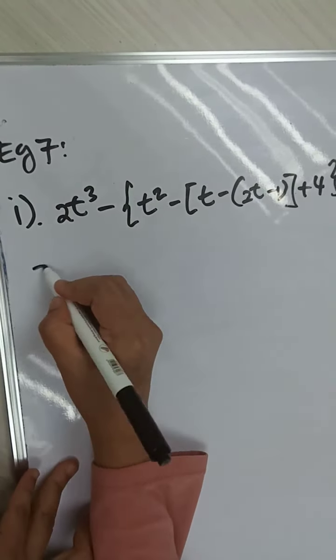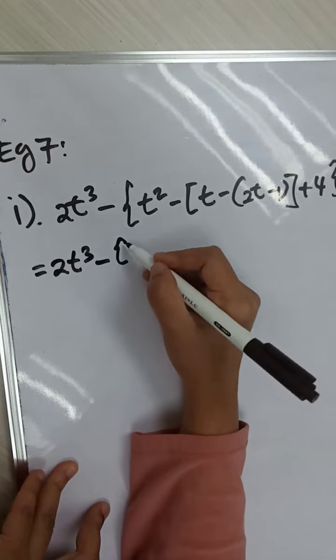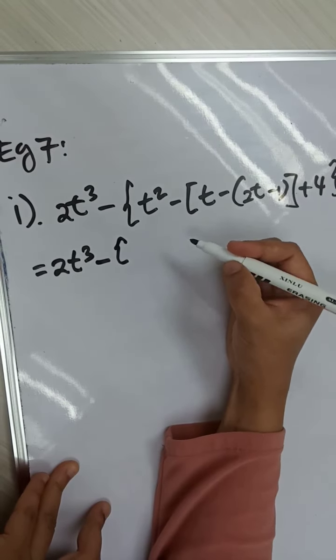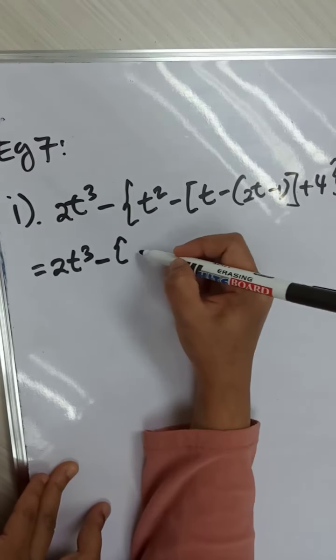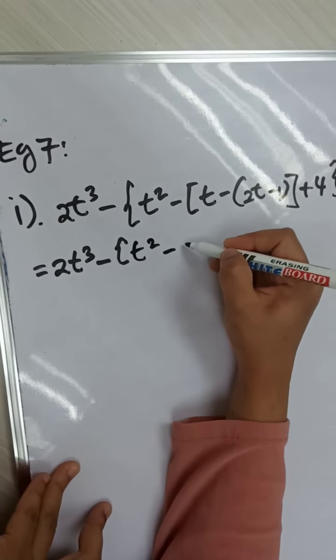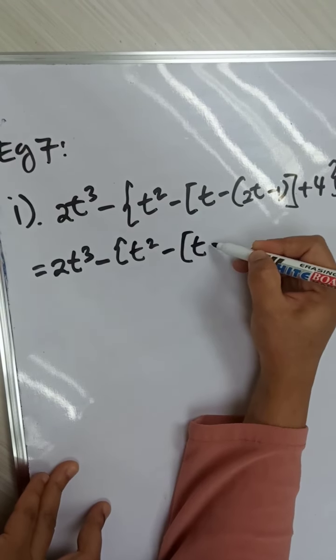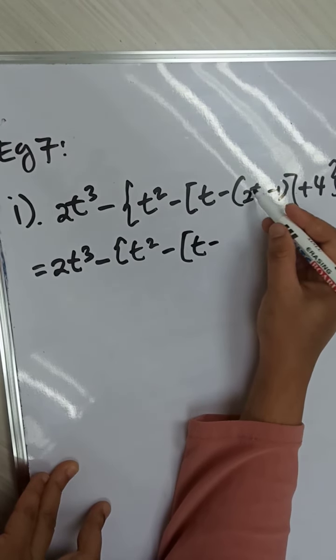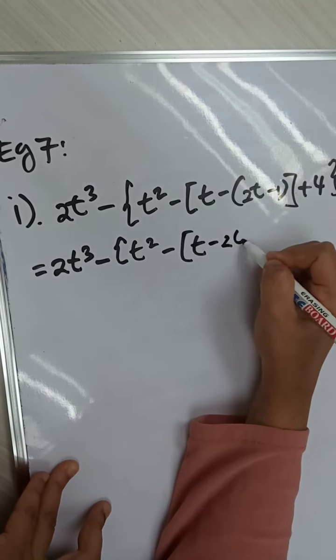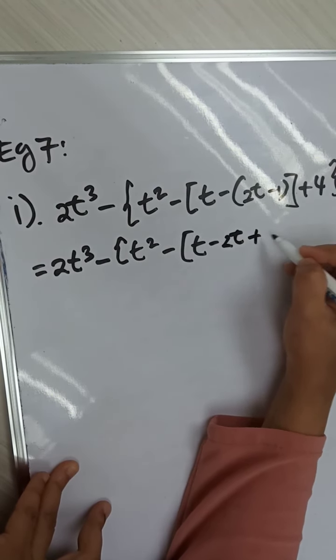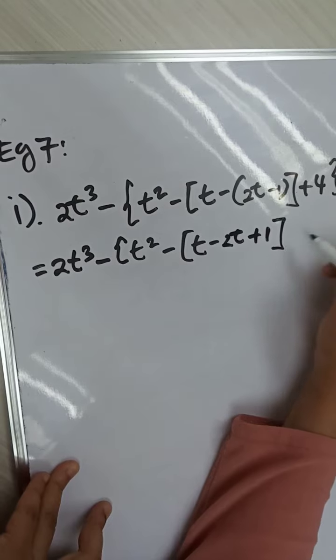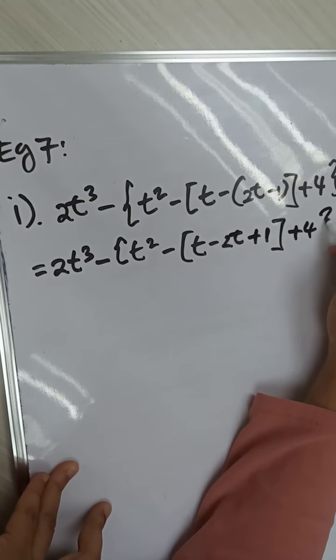Okay, 2 {3 cube minus, just let it be, I call it the flower bracket, and then t square, and then I just solve what's inside the bracket. I just expand. Negative 2t, negative negative positive 1, t square bracket plus 4.